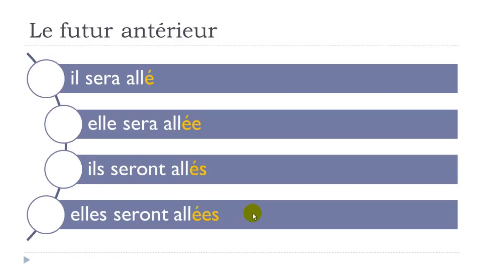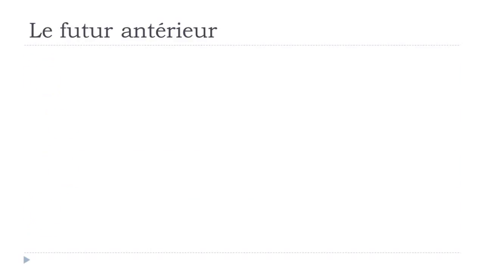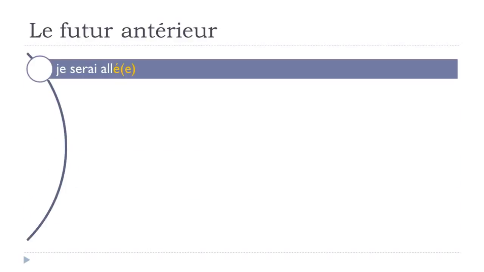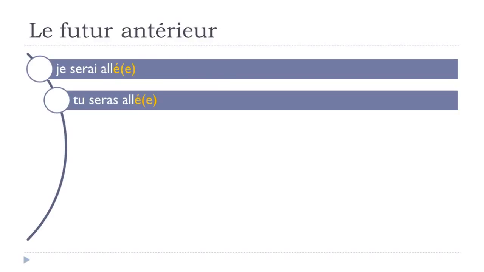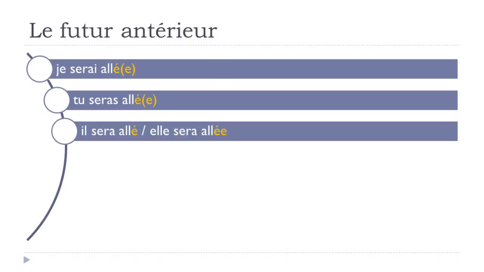All right. So let's see now how it goes for the full thing. So je serai allé. I put it like that just to make it possible to put the feminine. All right. Tu seras allé. Il sera allé, elle sera allée.